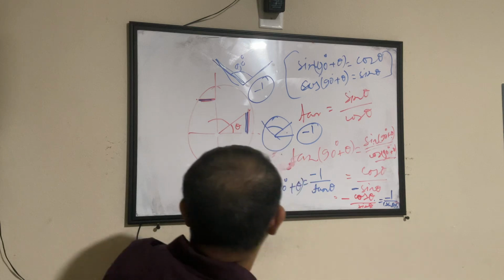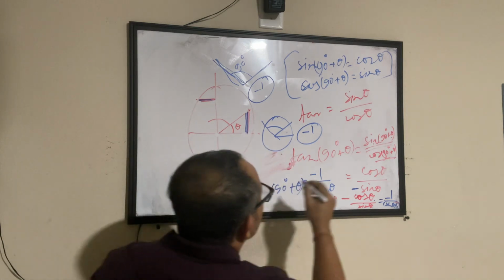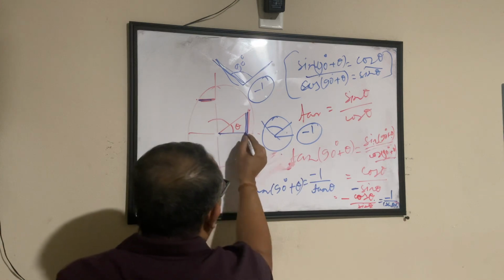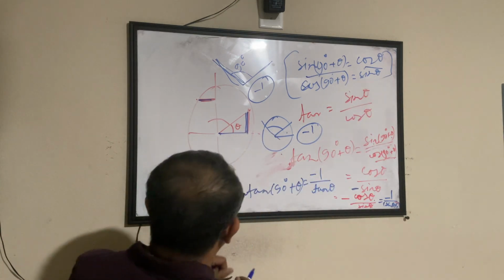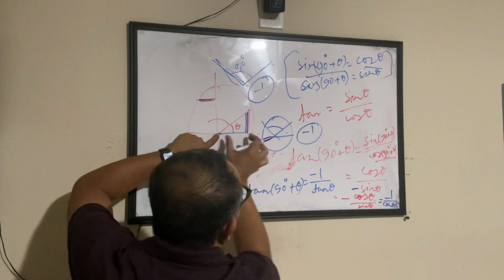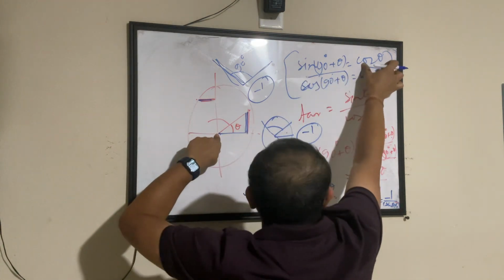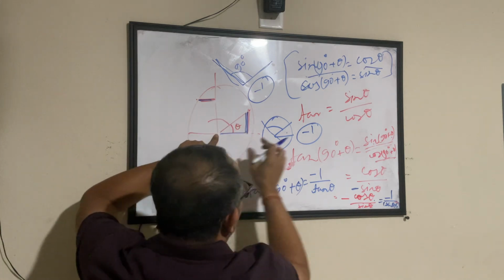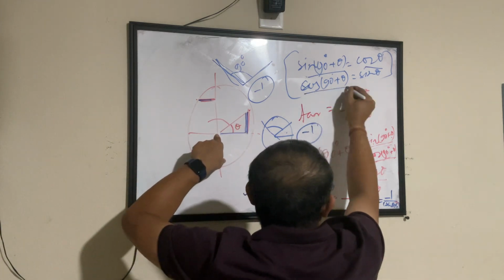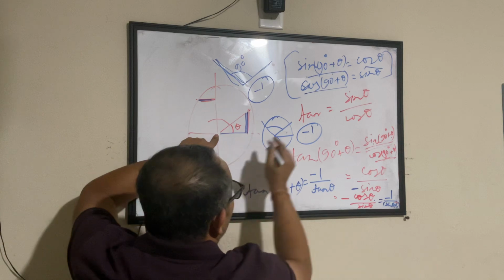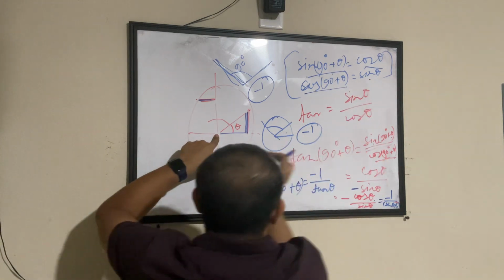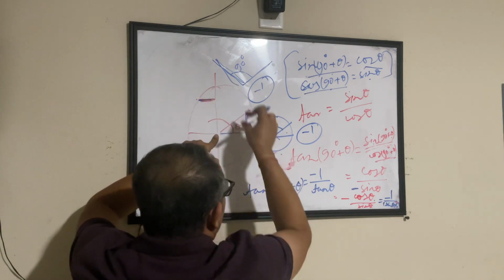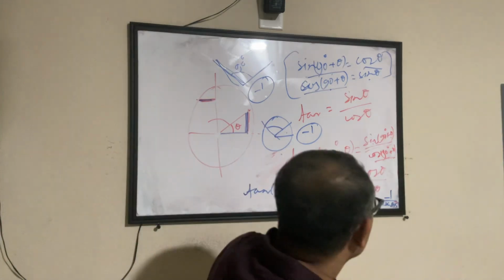Sine 90 plus theta equals cos theta. So whatever my sine 90 plus theta was will be equal to cos theta. Cos theta is this value, this went this side, and that remained positive. When I'm talking about cos 90 plus theta, this equals sine theta, so whatever my value for sine theta was, that became negative. So that's how you relate.